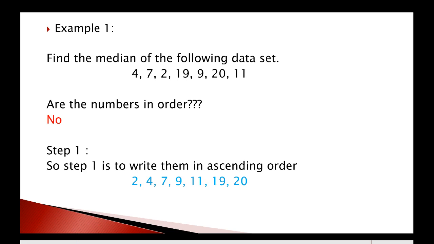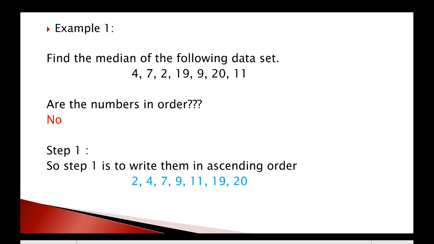Right. Now, step 2 is to find the median. The first thing that you need to note is the number of data points in this data set. Here you can see that there are 1, 2, 3, 4, 5, 6, 7 data points altogether.